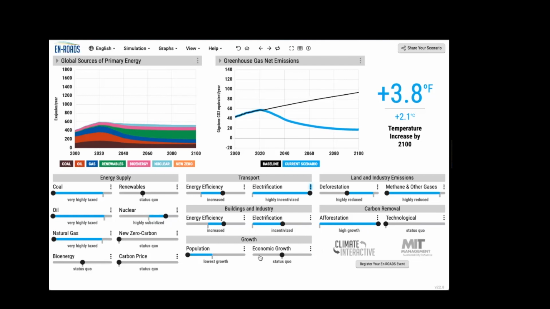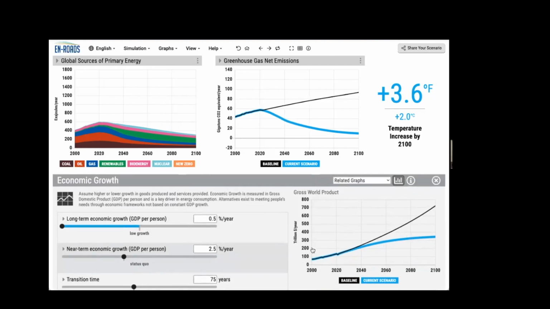We got a suggestion here about economic growth. So let's go back. That certainly does have an impact. If we had a lot less, we would get down to 2 degrees C. That's generally not popular, but less economic growth. And this is gross world product, and you see the difference of trillions per year.